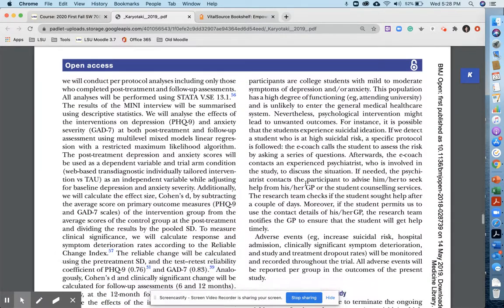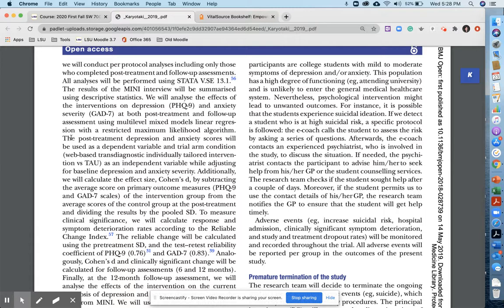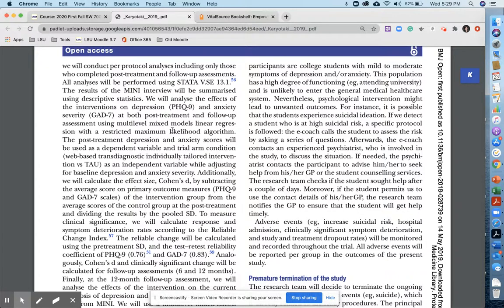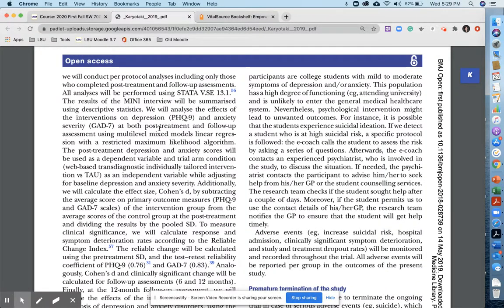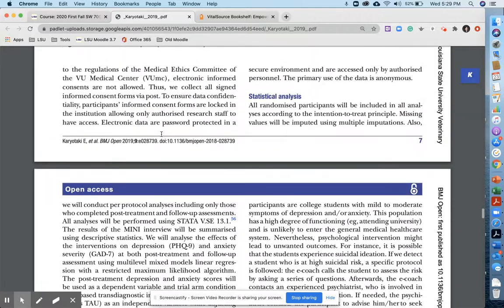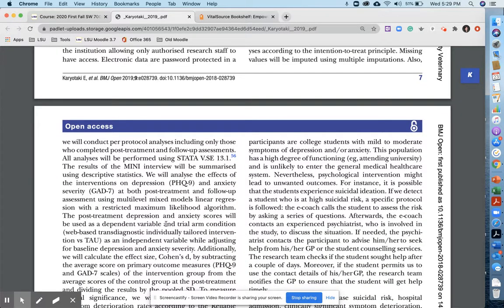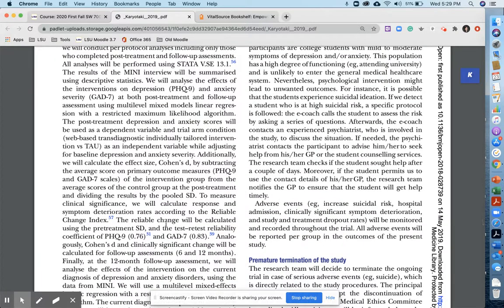The independent variable is the type of group it was put into, whether people were randomized to the control group or to the intervention group.